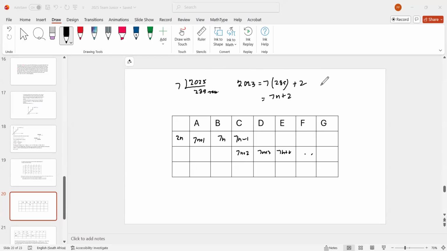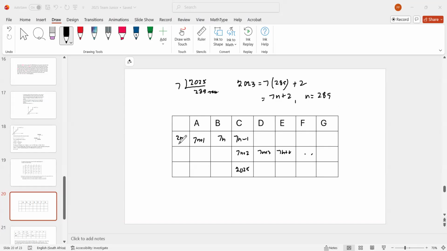See? Where n is 289. And I can see a 7n plus 2. It's here. Right? So this is 7 times 289 plus 2. So you got 2025 sitting inside here. Right? And the value of n is 289.